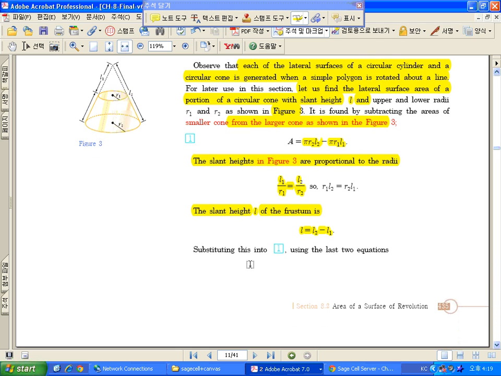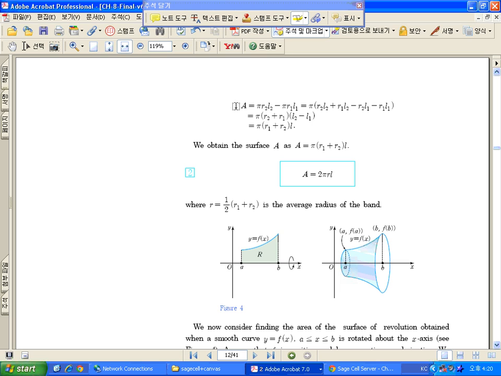Okay, then the surface area, pi R2 L2 minus pi R1 L1, can be simplified in this way by adding and subtracting R1 L2, since R1 L2 and R2 L1 are the same because the R's and L's are proportional.